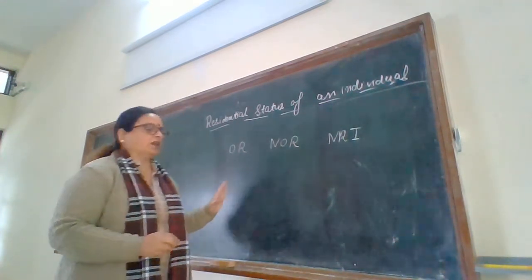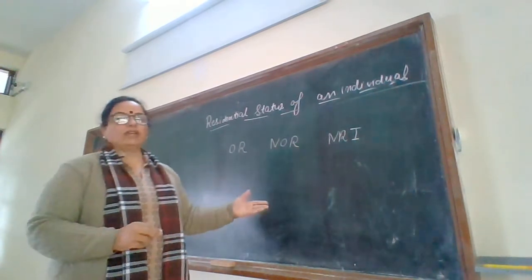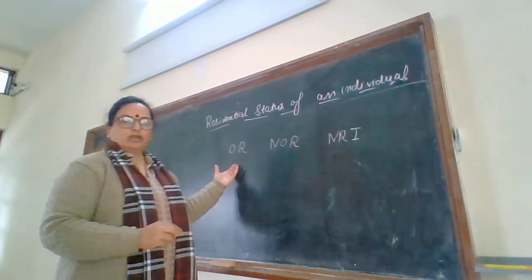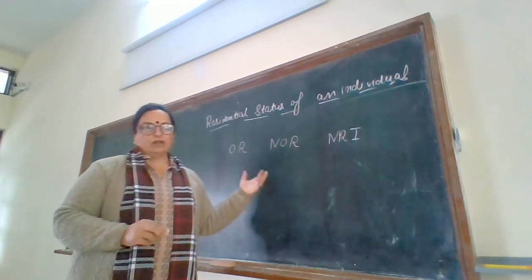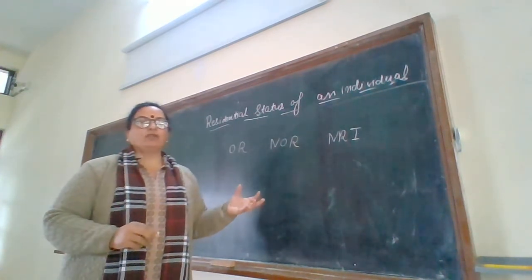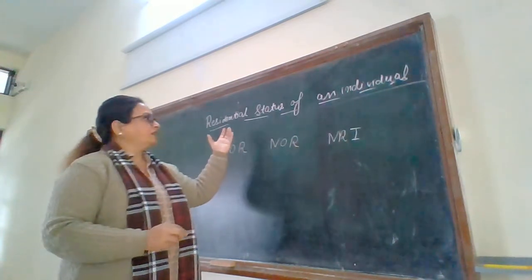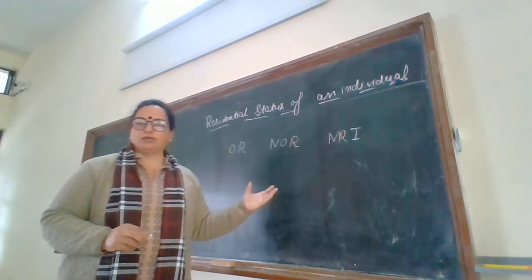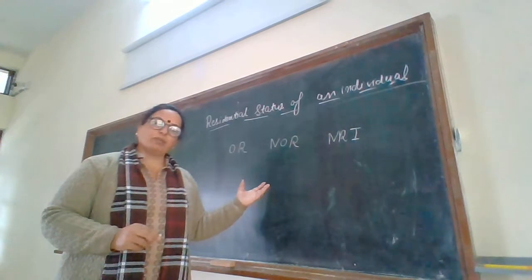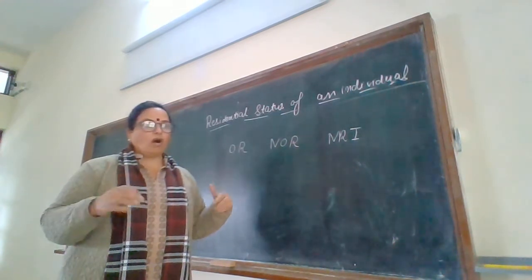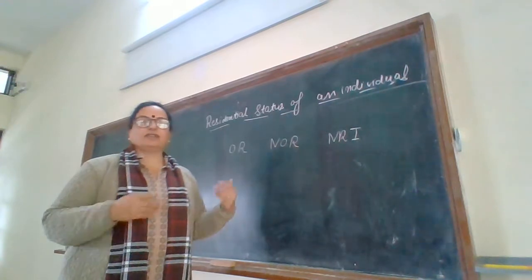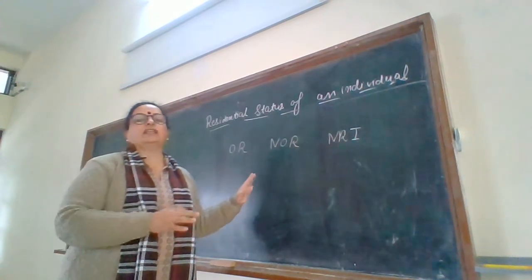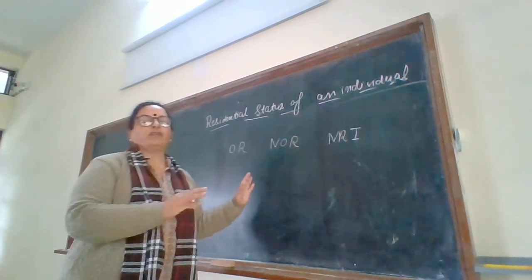Now we will discuss how we can see which of the three categories an individual falls in. For this we have to determine the residential status of an individual. Residential status means for how many days a particular person is residing or staying within the territory of India.